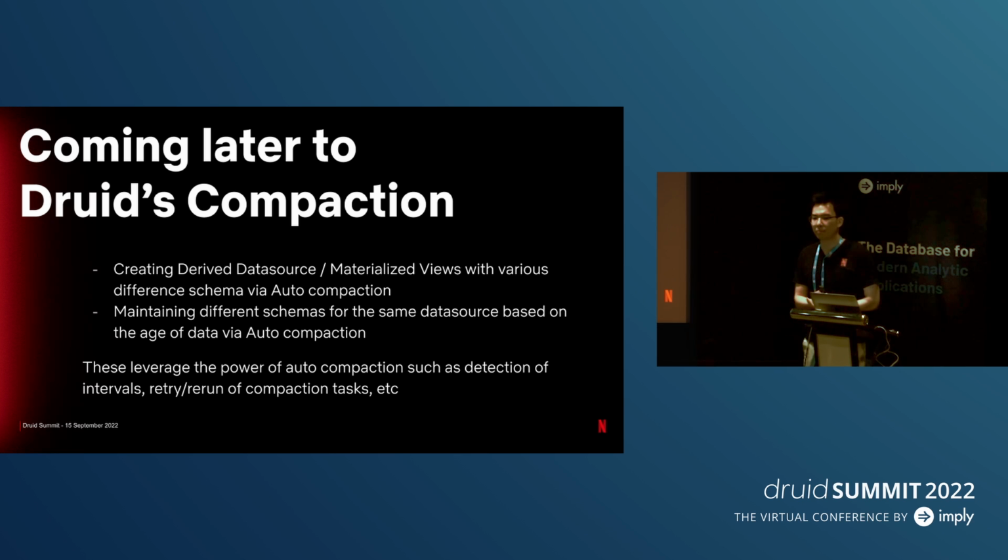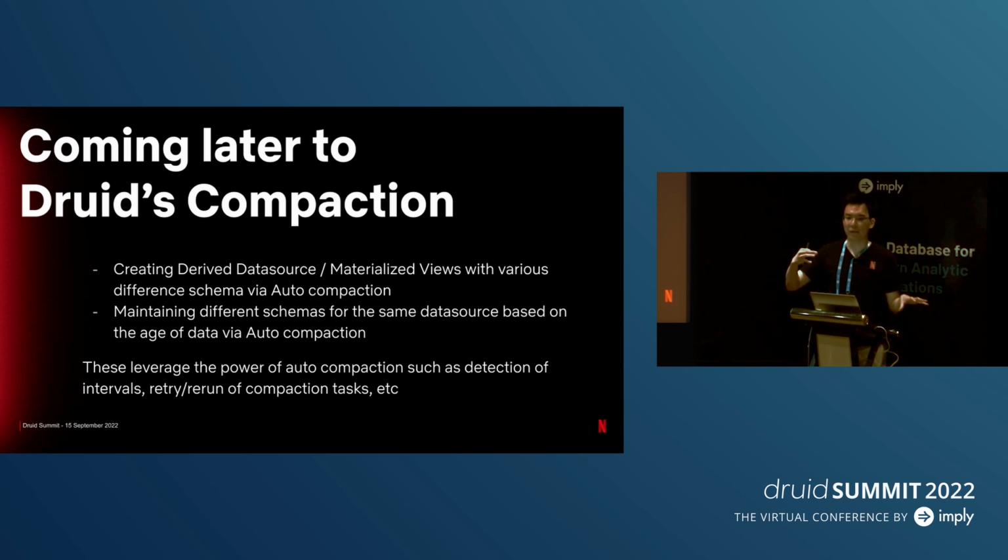In the long term, we'll be looking into expanding the capabilities of the auto-compaction system itself. The first one is creating a concept of a derived data source or materialized views from auto-compaction. For example, you might have a data source you ingest without any roll-up, and you want to create a couple of other data sources derived from it.